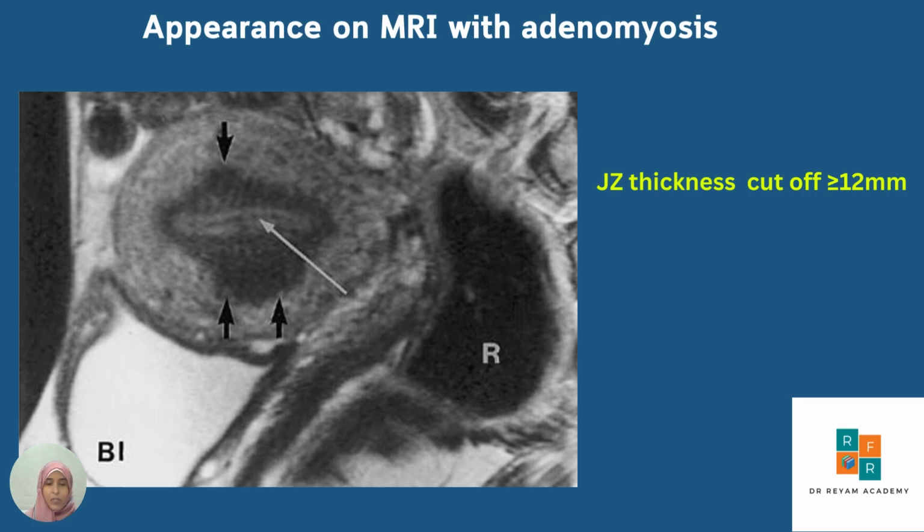And there are prospective studies on the junctional zone characteristics that found that 12 millimeter is the cutoff to diagnose adenomyosis, with a sensitivity of 65 up to 93% and specificity of 85 up to 93%.